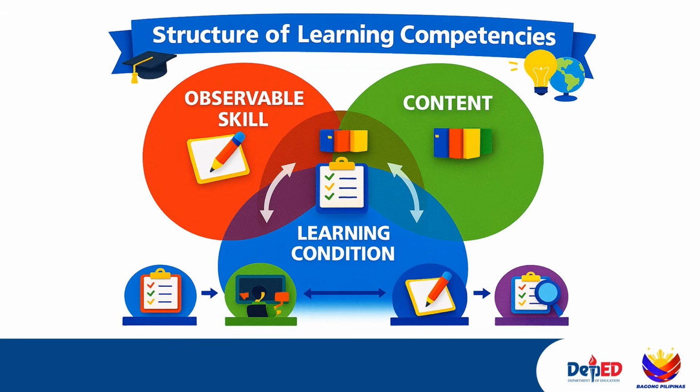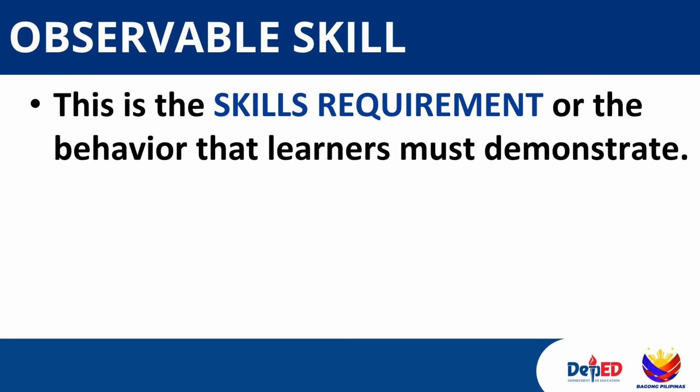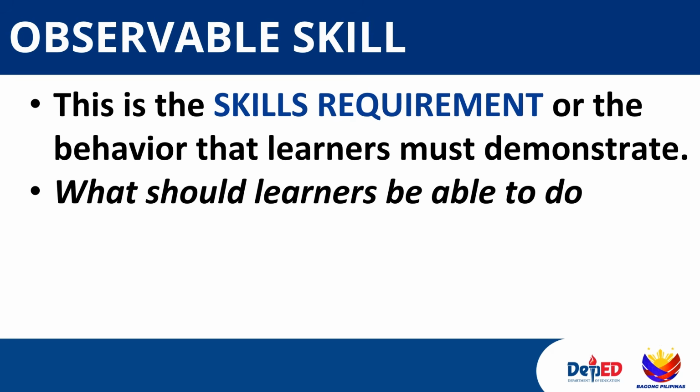Let's take a look at the structure of the learning competencies. A learning competency has three structures: the observable skill, the content, and the learning condition. The observable skill is the skill requirement for the behavior that the learners must demonstrate.